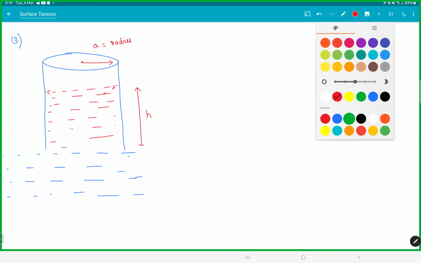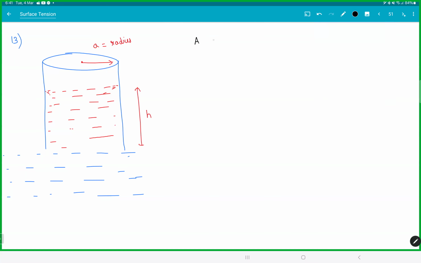Now what you did, a rod of square cross section of side A is immersed in the middle.